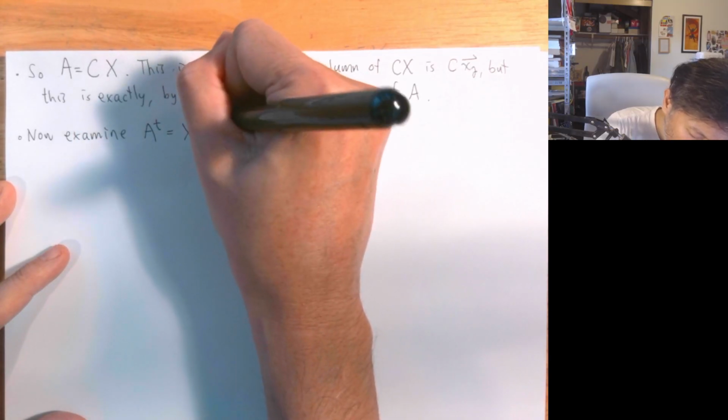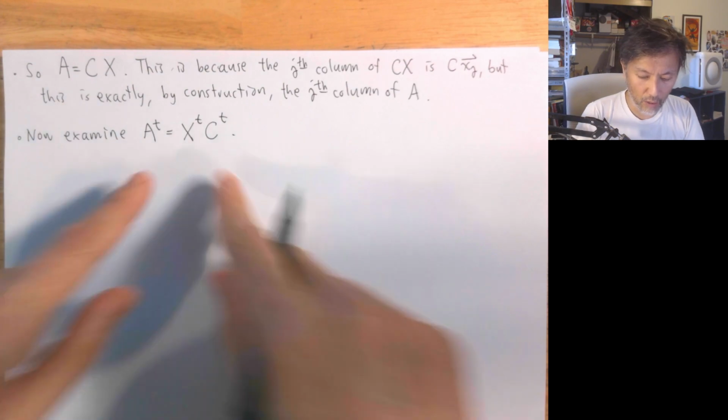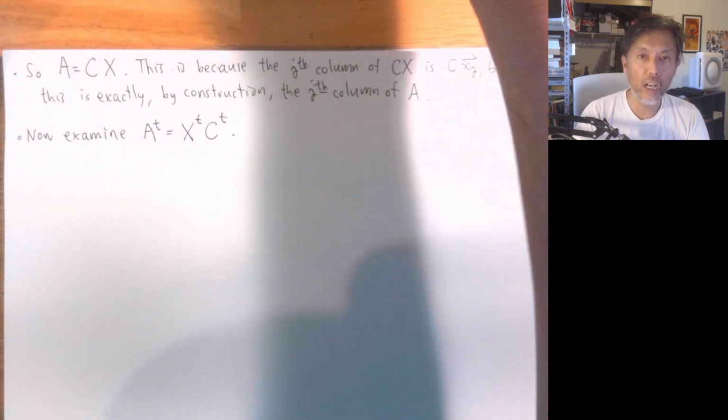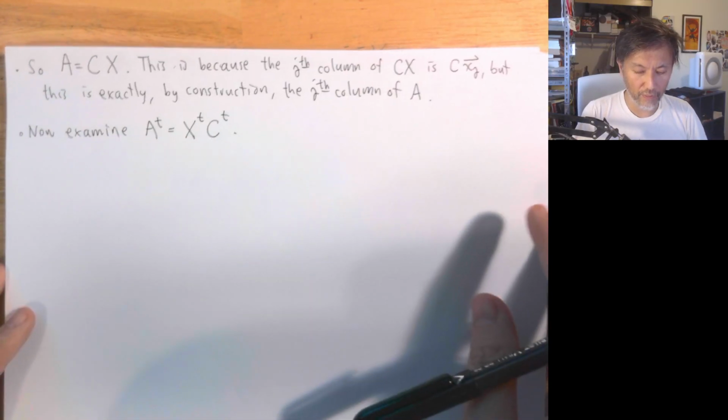This is equal to X transpose C transpose, because that's the theorem that we proved about the transpose of a product. It reverses the order of the factors.